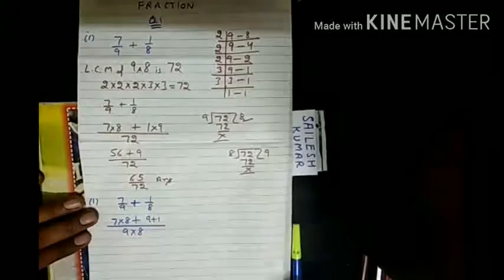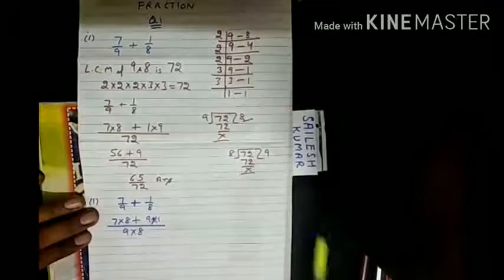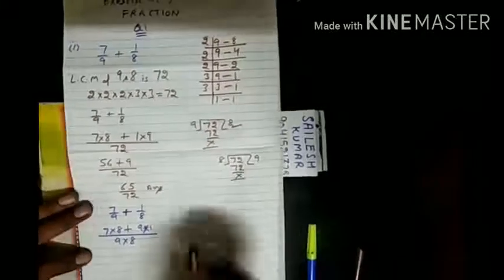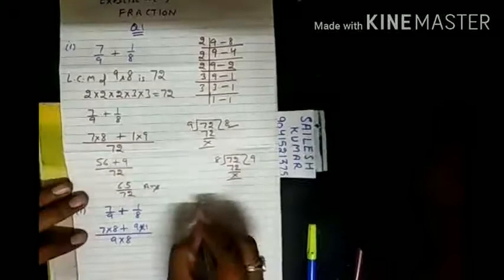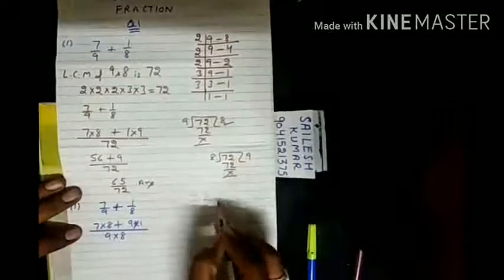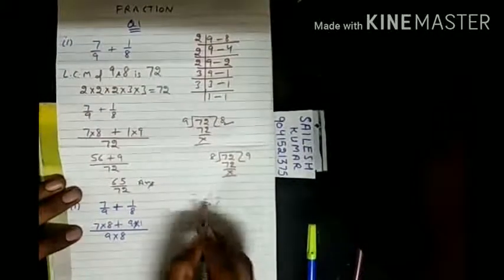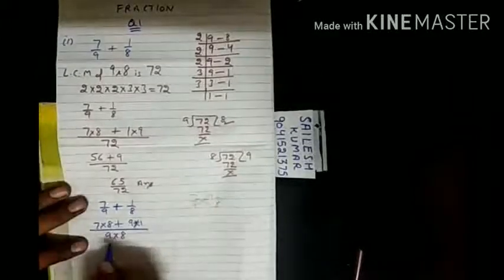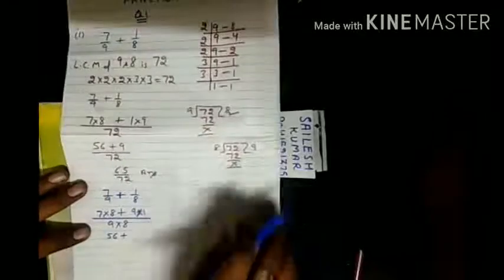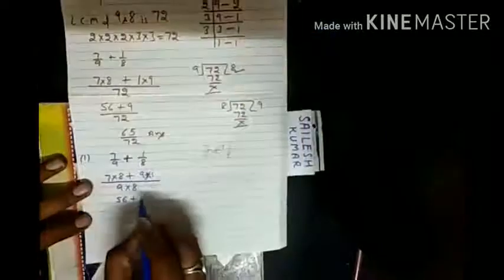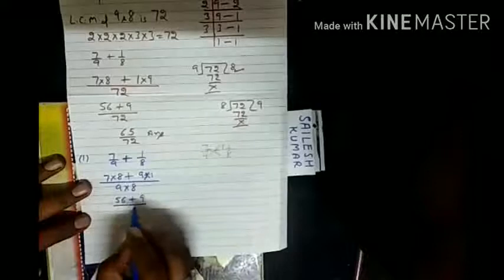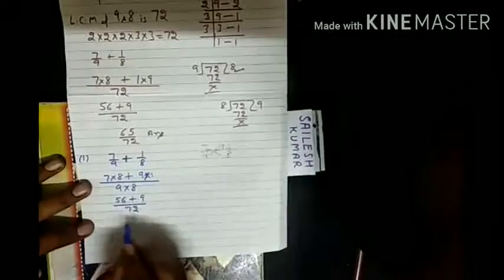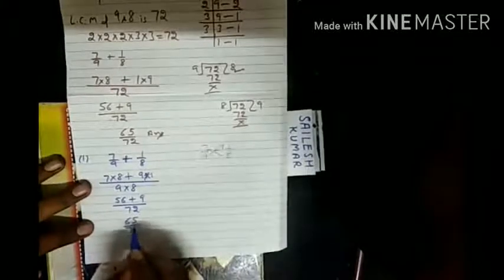Now why the cross multiplication? As you can see, if 7 by 9 and 1 by 8, then this is the cross. Clear? Now 8 times 7 is 56, and 9 multiply 1 is 9, and 8 multiply 9 is 72. Now the answer is 65 by 72.